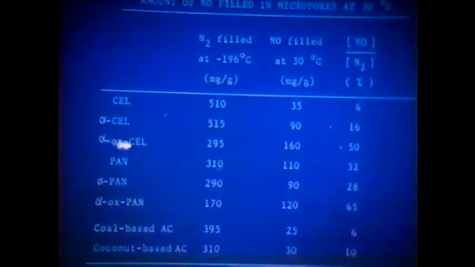Alpha-OX cell is 50% and alpha-OX PAN is 65%. Those micropores can be anomalously filled with NO by over 1/2 of the micropore volume at even 30 degrees.